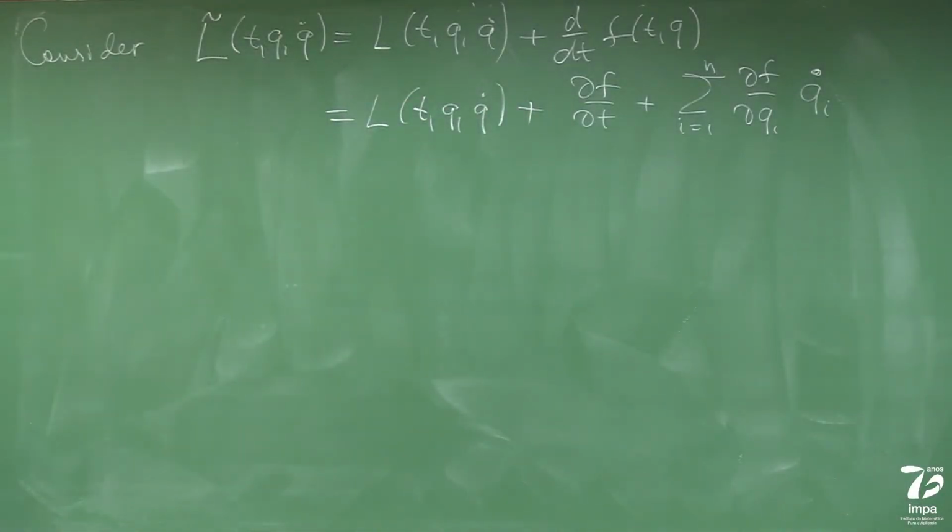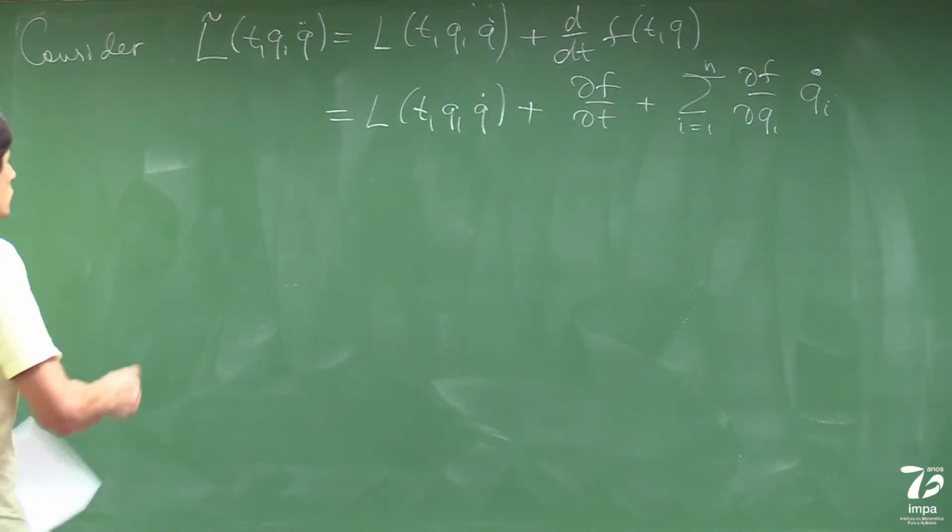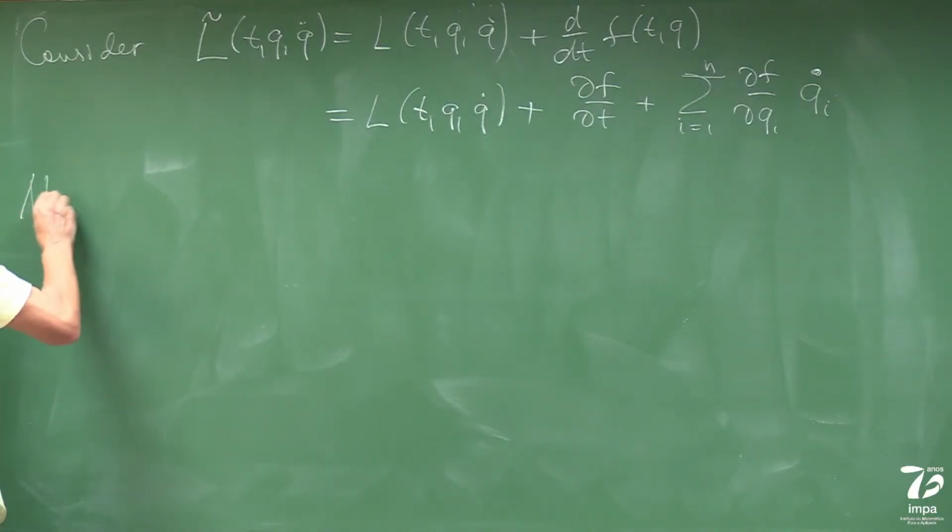So let's show that this Lagrangian gives just the same dynamics, the same laws of motion. And we will not work with equations. We will just start with the original Hamilton's principle. So let's compute the new action.